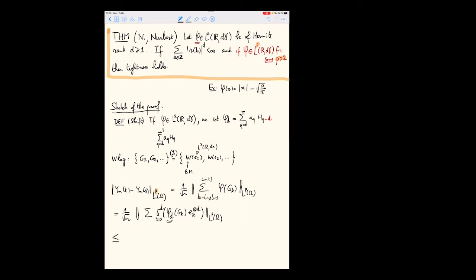And here is a key argument. We use Meyer inequalities to bound this quantity by a constant depending only on p, and then a sum over l between 0 and d, which will be the derivatives of my shift operator. And then I still have this 1 over square root of n.